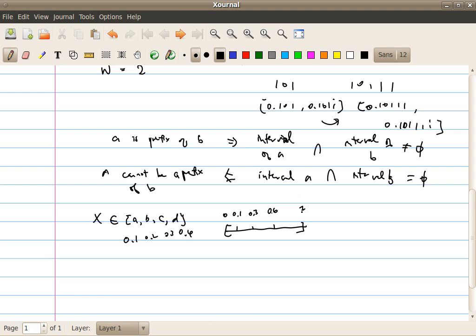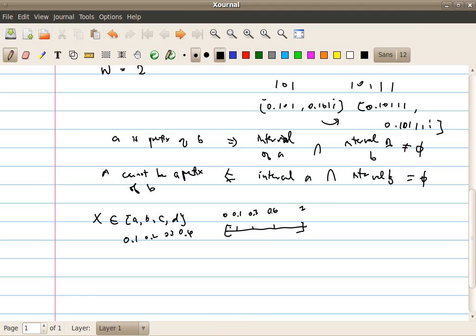So if I construct a code word for each of these symbols, and none of the intervals overlap with each other, then I can be sure that the resulting code is instantaneous, because none of the code words will be a prefix of the others.